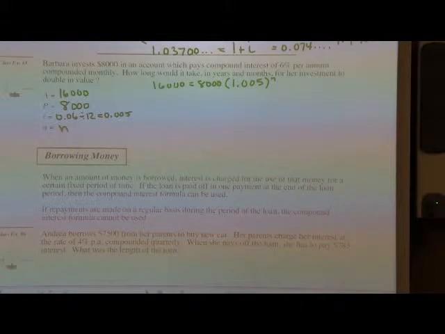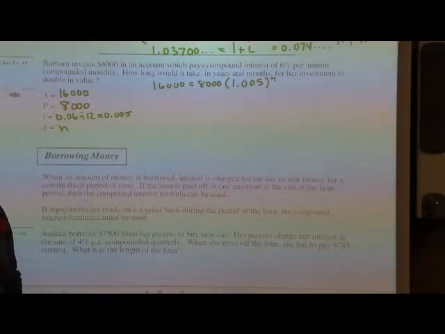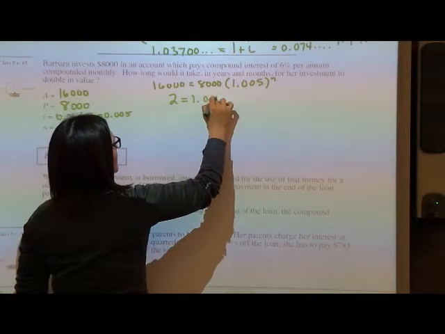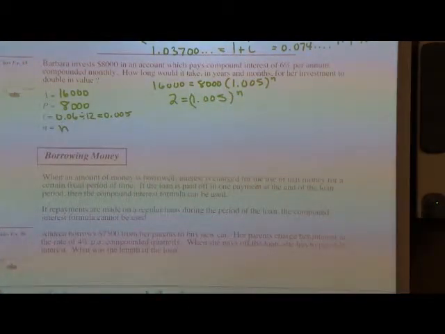So what would I do first? Divide by 8,000 on each side. Okay, and when I divide by 8,000, what do I get on the left-hand side? 2. 2. So how do I deal with this exponent?